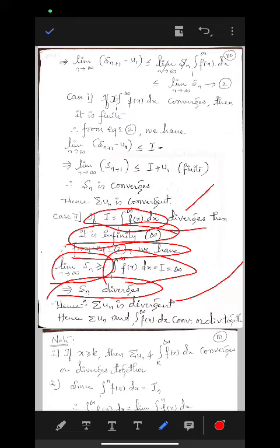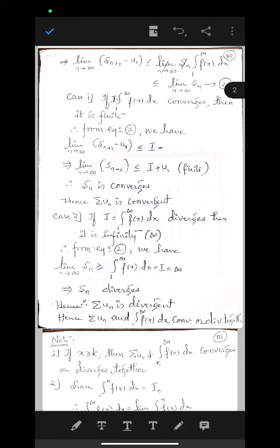So our conclusion is: the integral from 1 to infinity of f(x) dx and summation un both converge or diverge together. Is that clear, everyone? Is that clear?